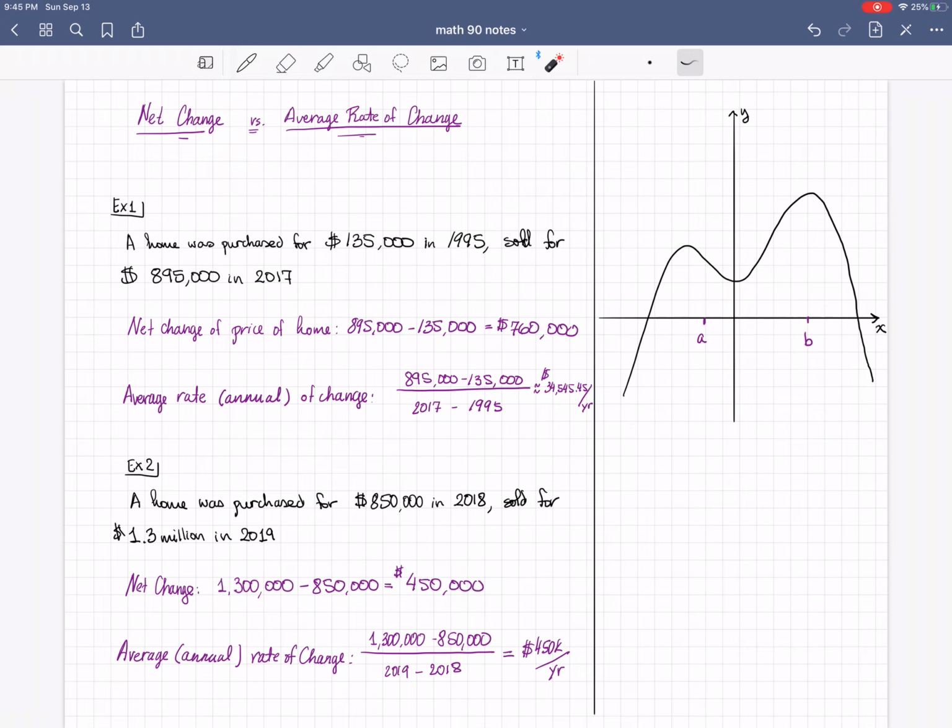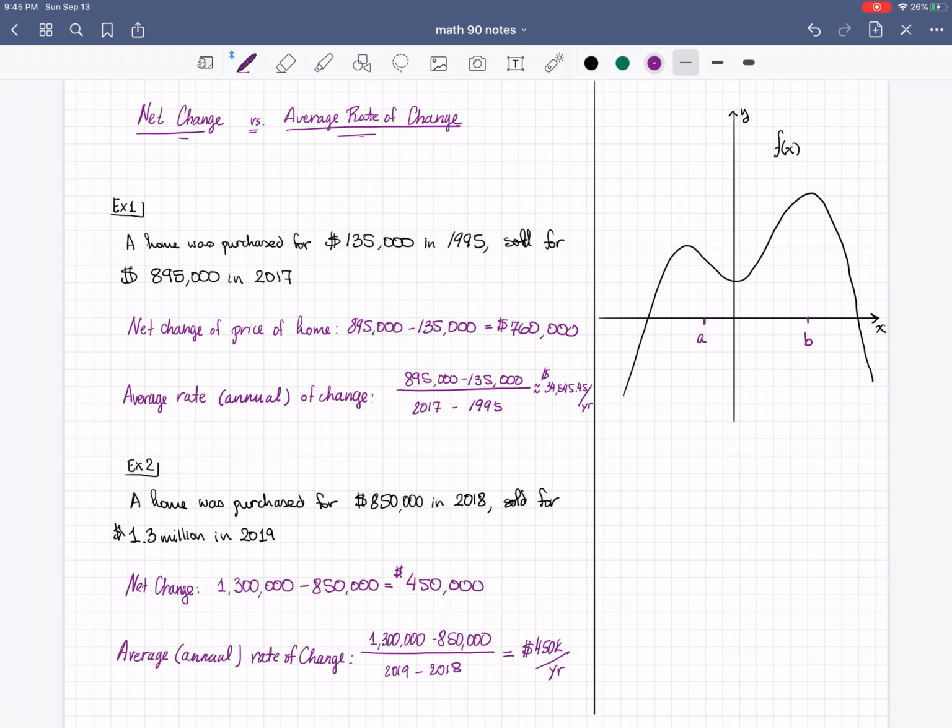I want to finish this lesson by looking at it from just an abstract mathematical standpoint. And for that purpose, I included this graph on the right-hand side of this page. So let's say that I have some function f of x, and this is its graph. You can see I've already pre-labeled two values on the x-axis, a and b. A is to the left, b is to the right.